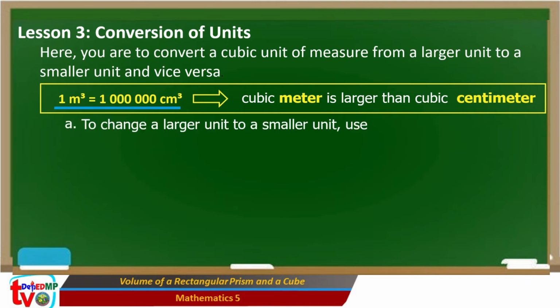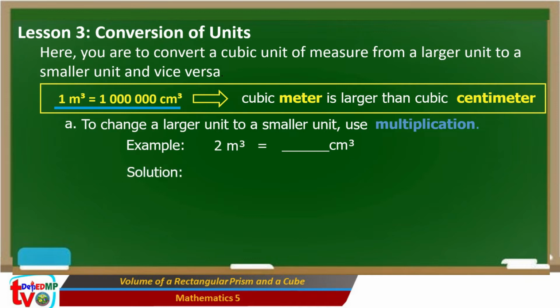To change a larger unit to a smaller unit, use multiplication. Example, 2 cubic meters equals blank cubic centimeters. So the solution would be 2 cubic meters times 1 million equals 2 million cubic centimeters.